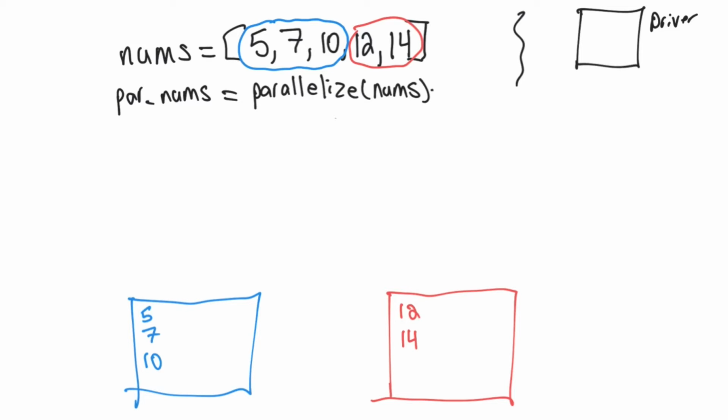To do that in Spark, we'd write a new variable, and this is going to be an RDD. So we'll say even nums. If we want to keep the even numbers, then that would be equal to our previous RDD. Here we're assuming that the elements are numbers. We have to always keep in mind what our RDD actually is.